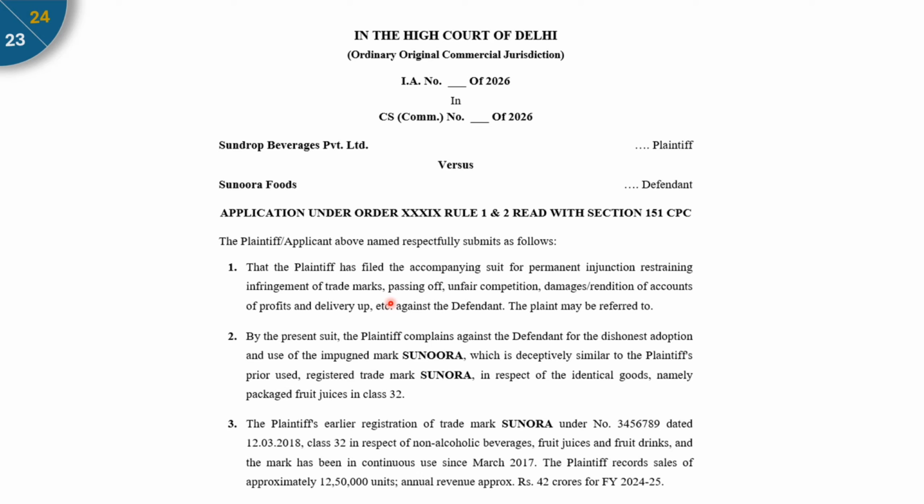The word dishonest, this word is not decorative. It signals the mala fide intent of the defendant, and this matters a lot for balance of convenience. Now, the words deceptively similar, that is exactly the legal standard under Section 29 of the Trade Marks Act.